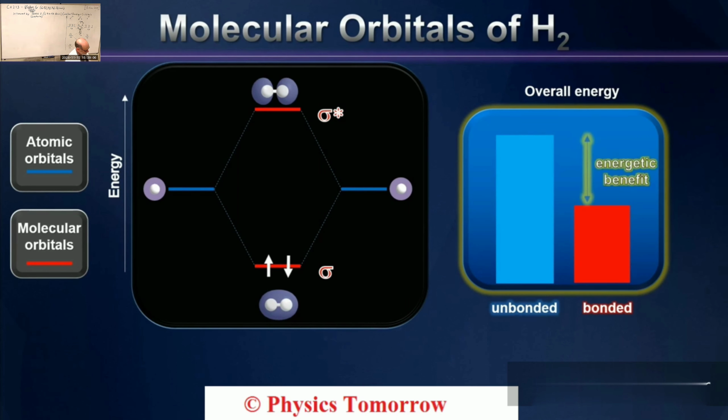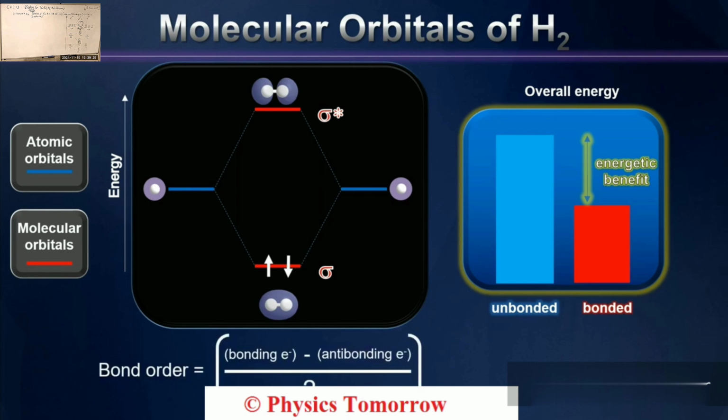So this energetic benefit that comes from forming and populating molecular orbitals leads us to the prediction that hydrogen will form a bond to another hydrogen. But beyond that, we can actually calculate exactly how many bonds will form. We call this the bond order, and it's calculated quite simply, using the number of bonding electrons minus the number of antibonding electrons, divided, of course, by 2, because we know it takes 2 electrons to form a chemical bond.